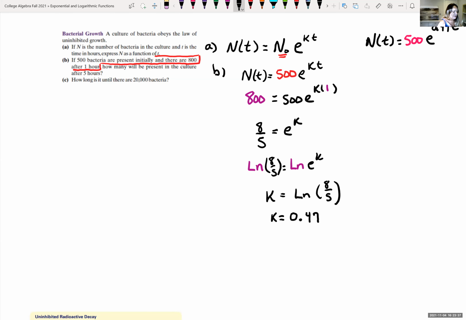So how many will be present after 5 hours? We can just go in there now and plug in 5 for T. So we have N of 5 equals 500 e raised to 0.47 times 5.